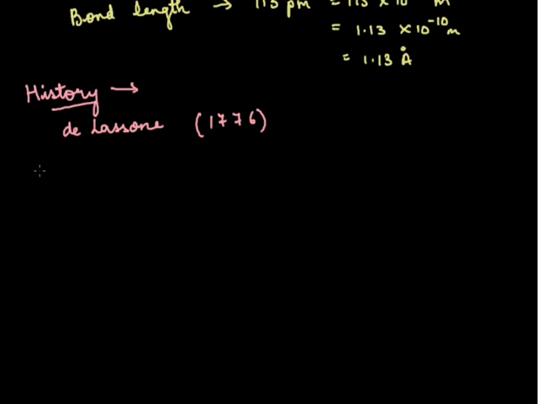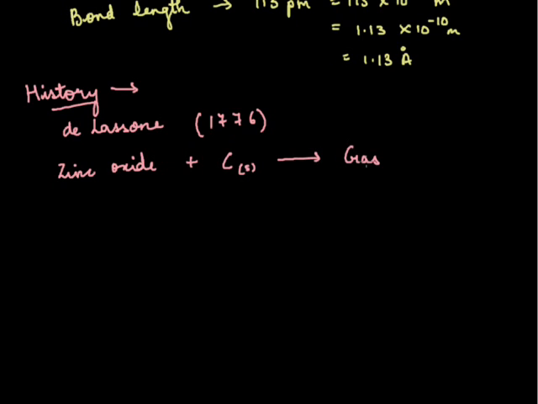He assumed that gas to be hydrogen, but it was later found that the gas was not hydrogen, it was carbon monoxide, and this was found by William Cruickshank.